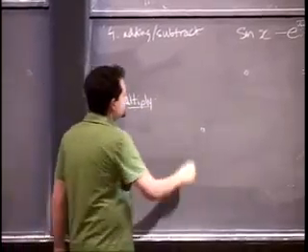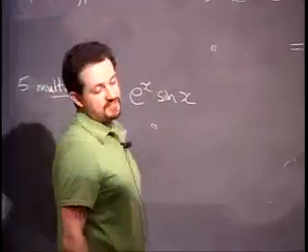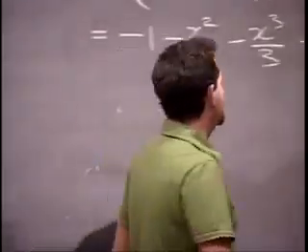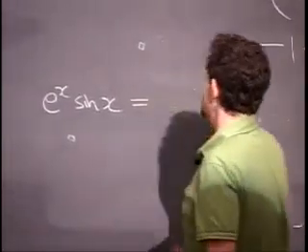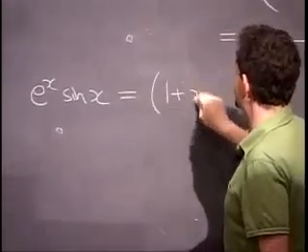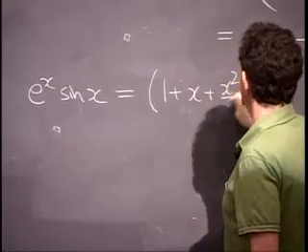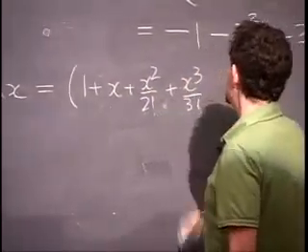Now, suppose that I want e to the x times sine x, and let's ask for the first 4 non-zero terms. What the hey? So, what I'm going to do is write out the series here, 1 plus x squared over 2 factorial plus x cubed over 3 factorial. I don't know how far I have to go.